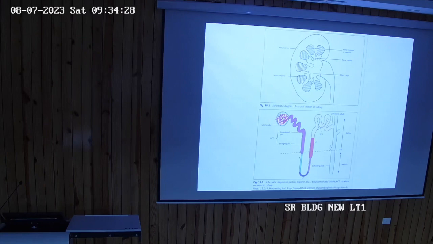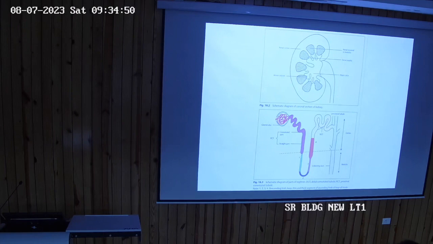So, the JG cell acts over angiotensinogen. And what does the JG cell secrete? Renin. So what happens? As the sodium concentration is low, it stimulates the macula densa. The macula densa stimulates the JG cell to secrete the hormone renin.